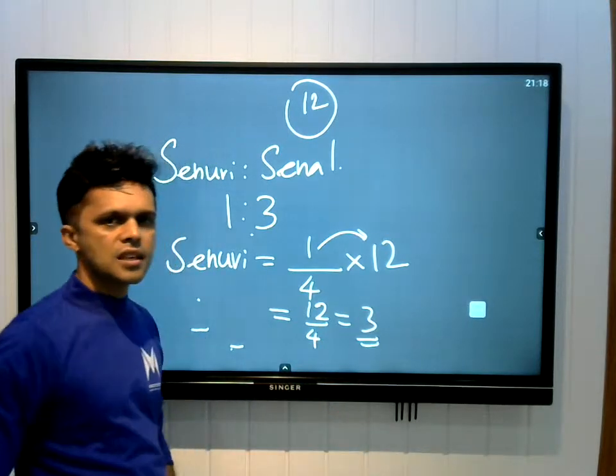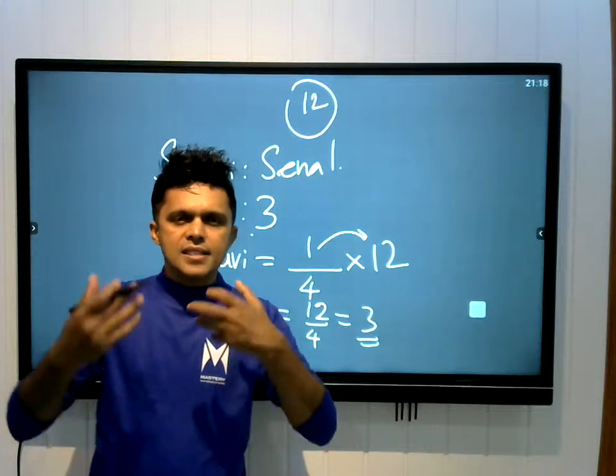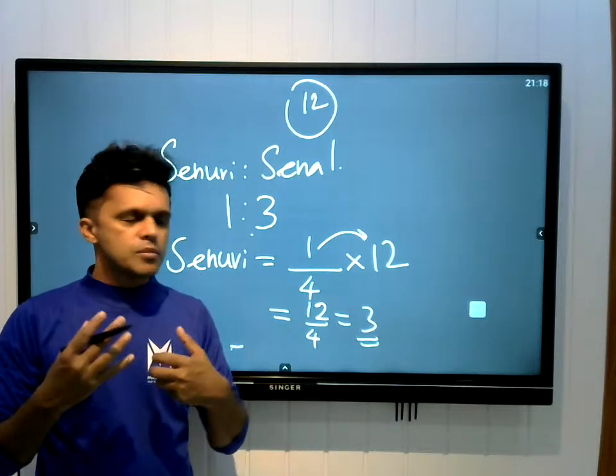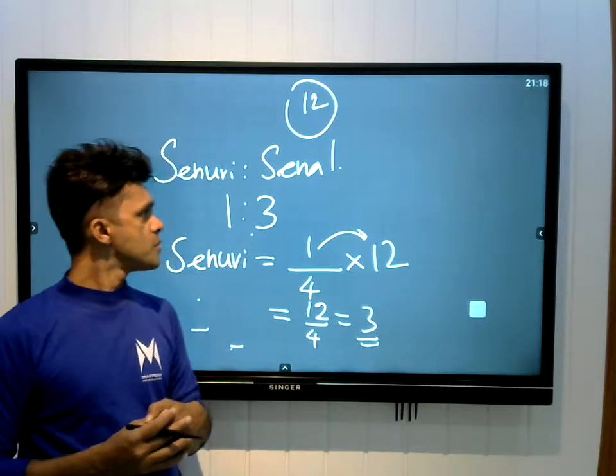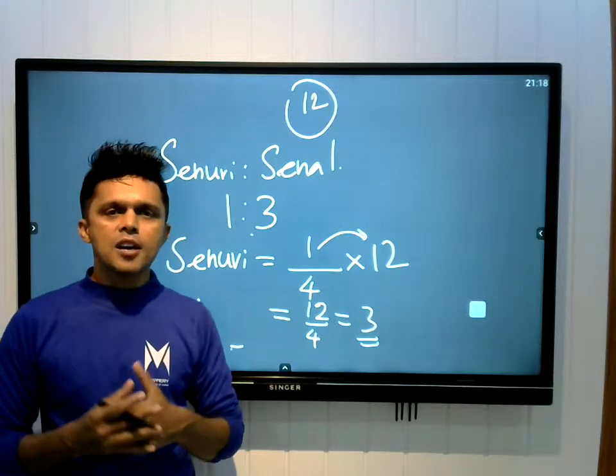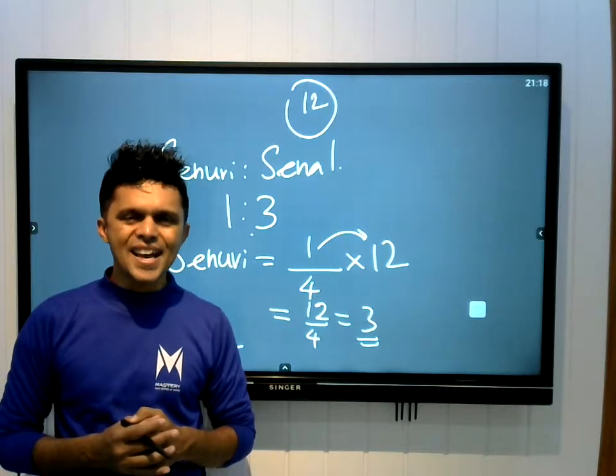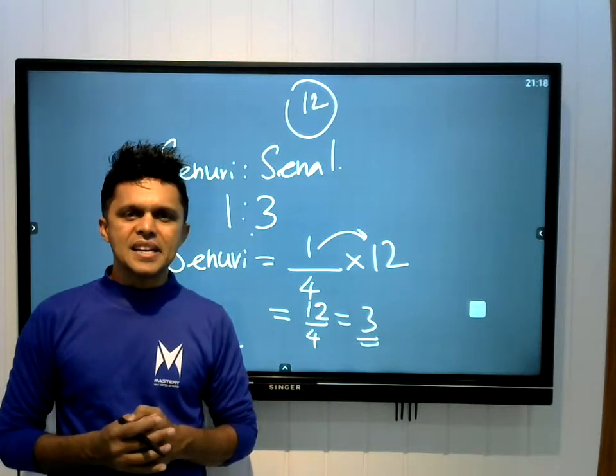So this means Senuri has been given three mangoes. That's the idea.